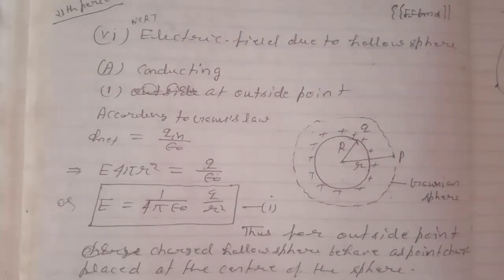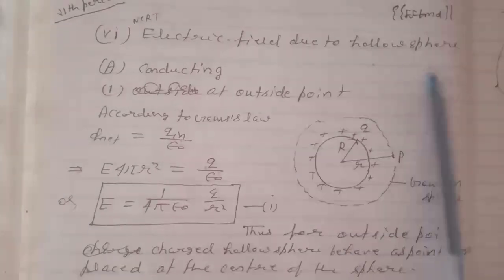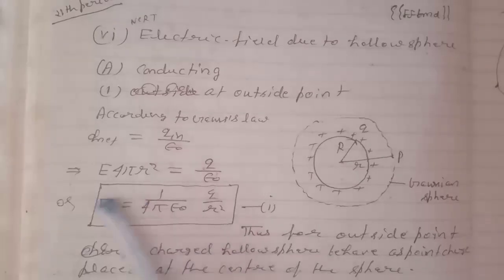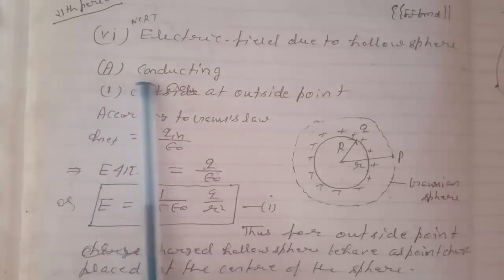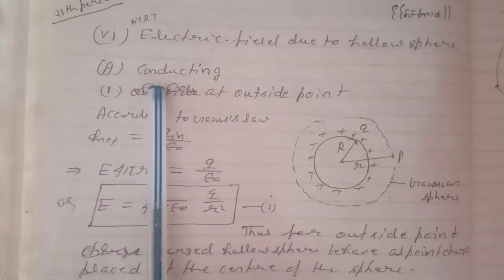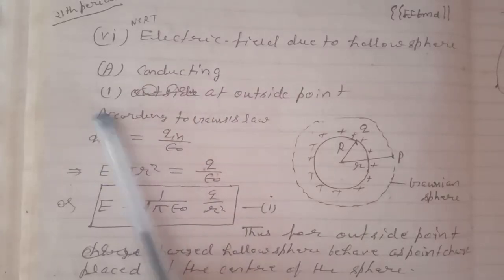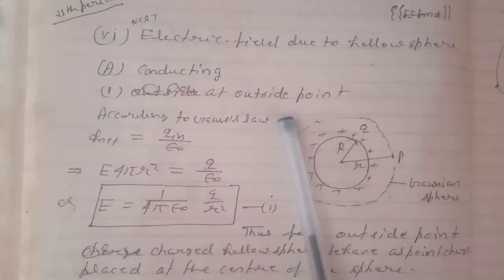Now in the application of Gauss's law, we will calculate the electric field due to a hollow sphere. Let's see how we calculate it. In the first case, we have a conducting hollow sphere at an outside point.